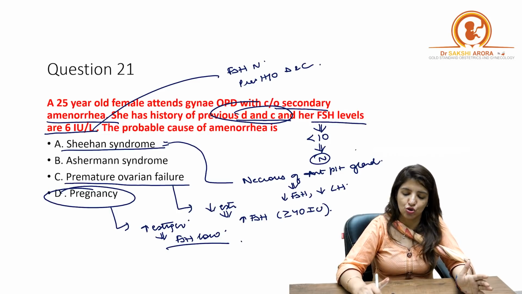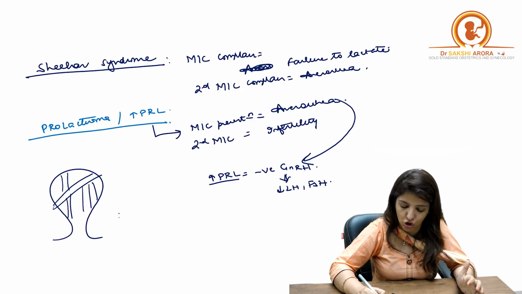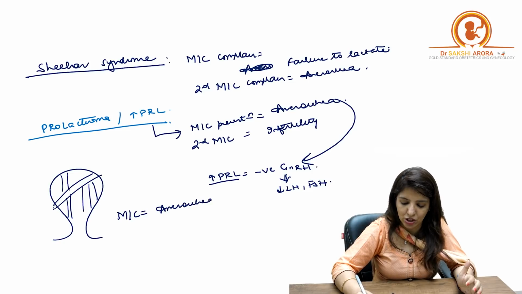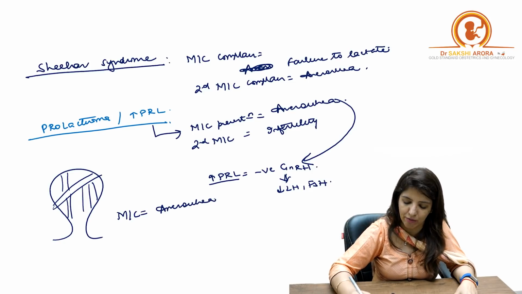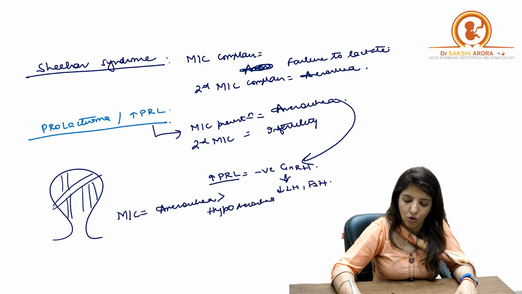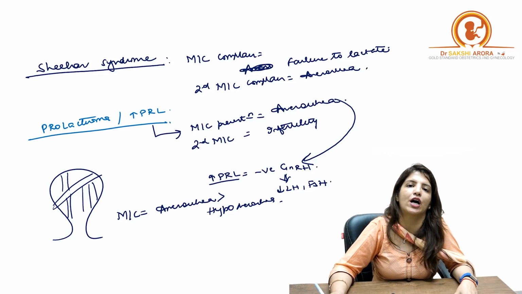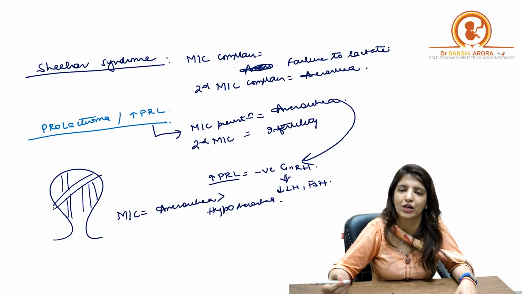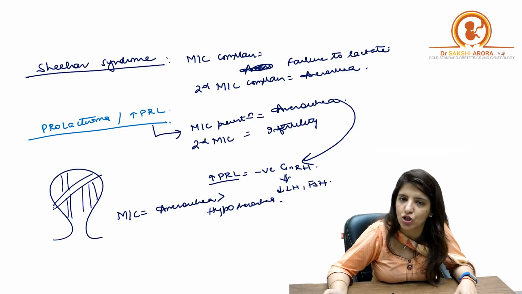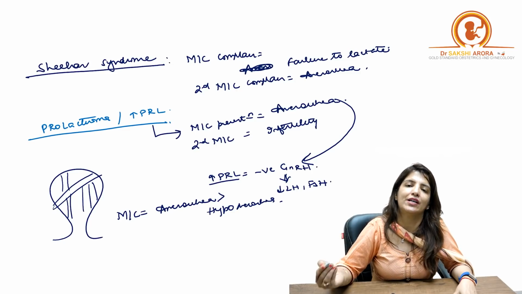In Asherman syndrome, you have to remember the most common presentation, which is amenorrhea followed by hypomenorrhea. What is the most common reason for Asherman syndrome? It is excessive curettage, which is done in the postpartum period. What is the investigation of choice? Hysteroscopy.